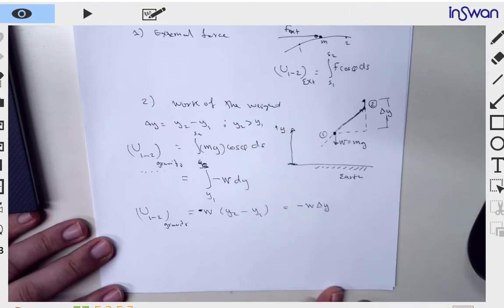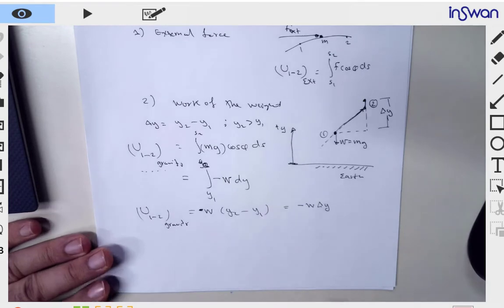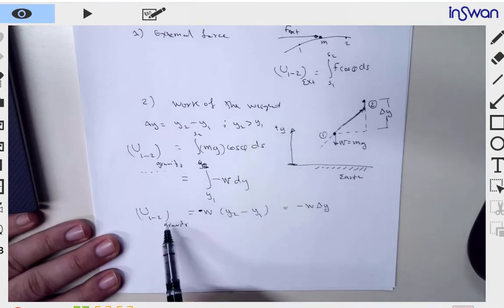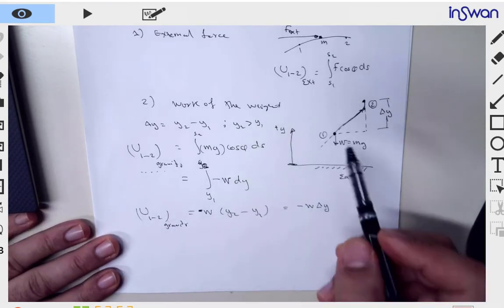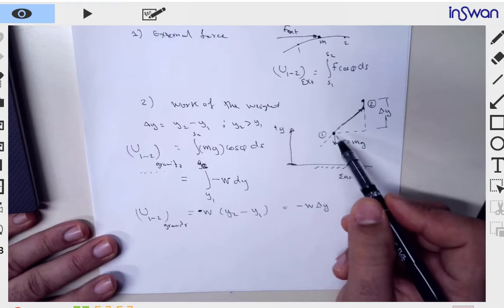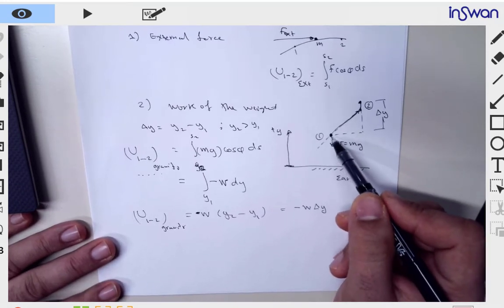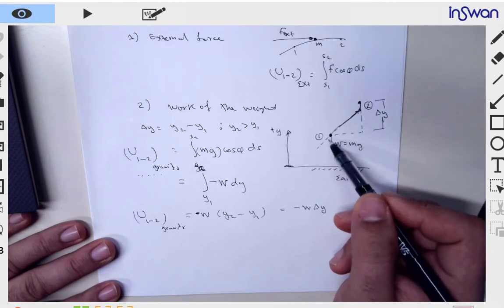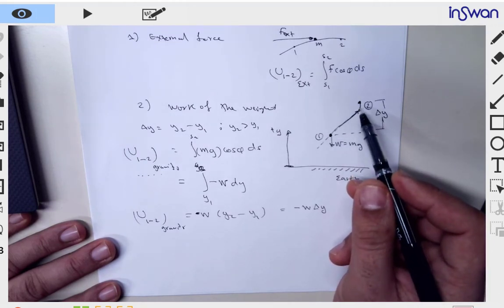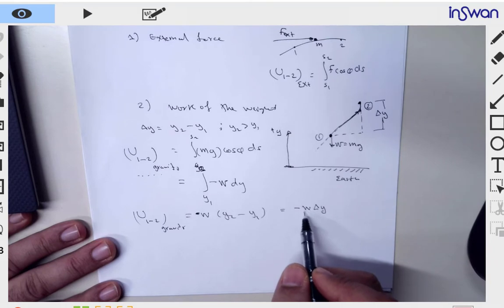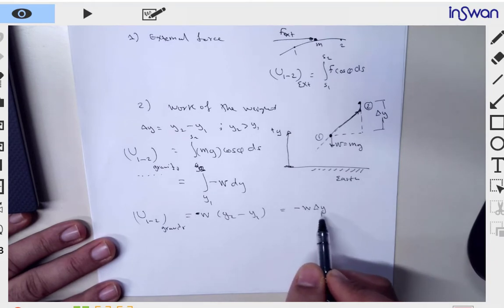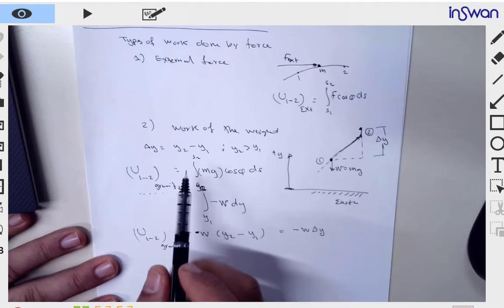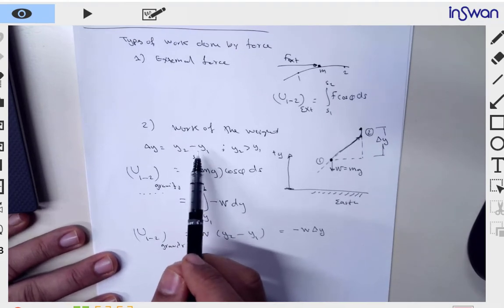Meaning, what does it mean? It means that the work done on the particle, or the work required to move this particle from state 1, which is at lower elevation, to a higher elevation, is equal to negative the weight multiplied by delta y, where delta y we said it's y2 minus y1, which is a positive.